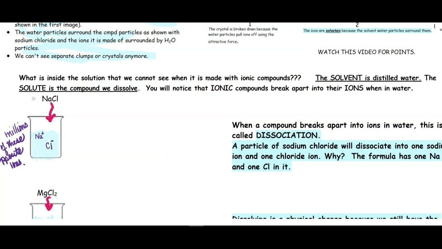They move apart. Now they're dissociated from each other.